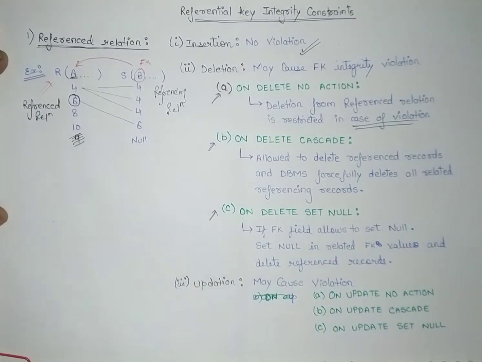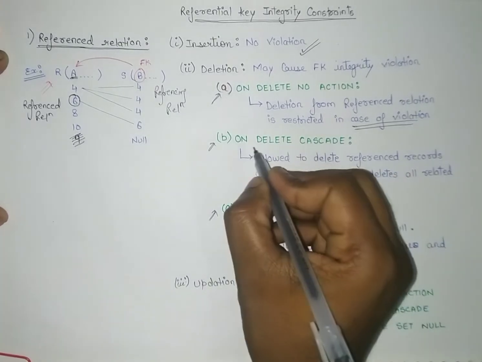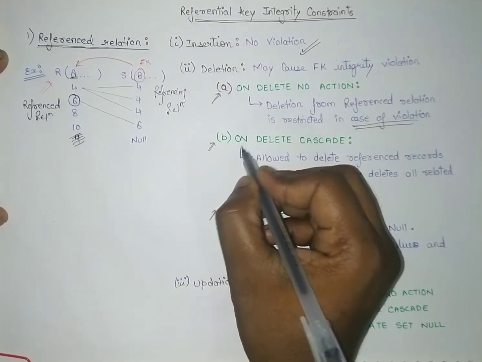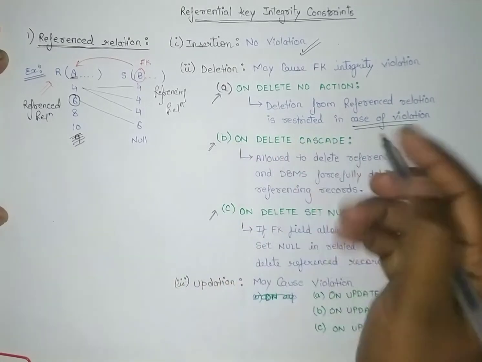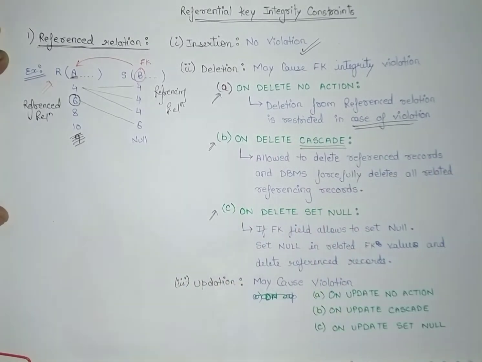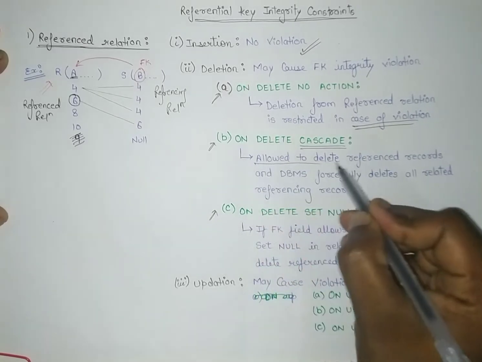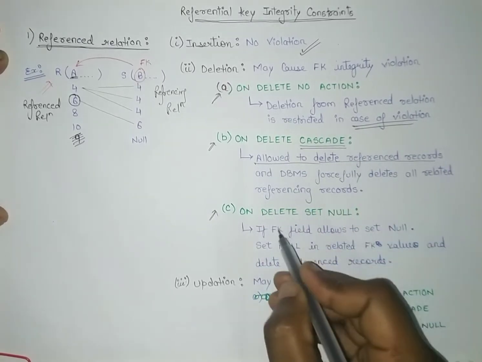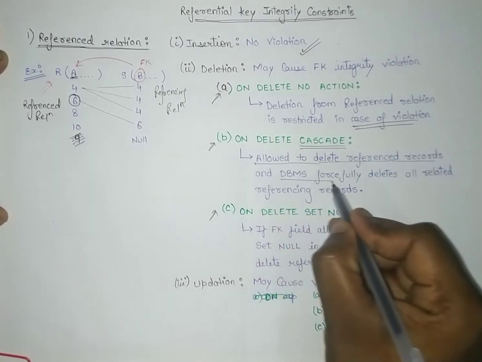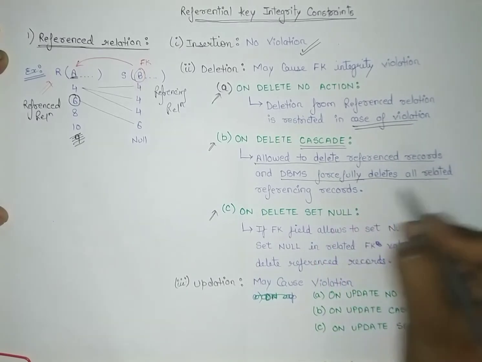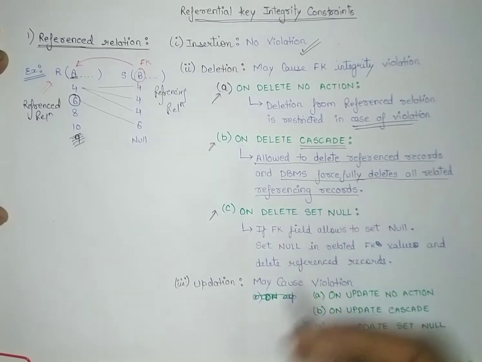Now if instead of that we want to delete, we can go with the second procedure, which is on delete cascade. What is the meaning of cascade? Forcefully doing anything is known as cascading. So here it is allowed to delete the referenced record, and the database forcefully deletes all related referencing records.